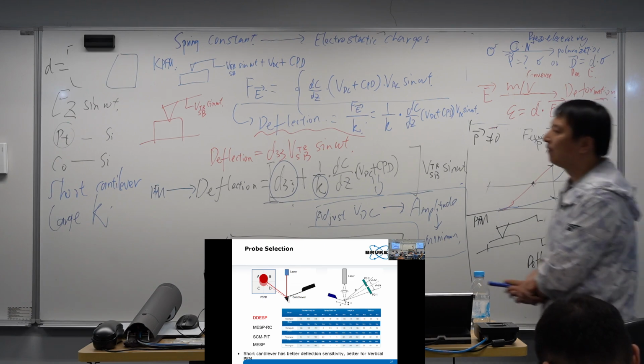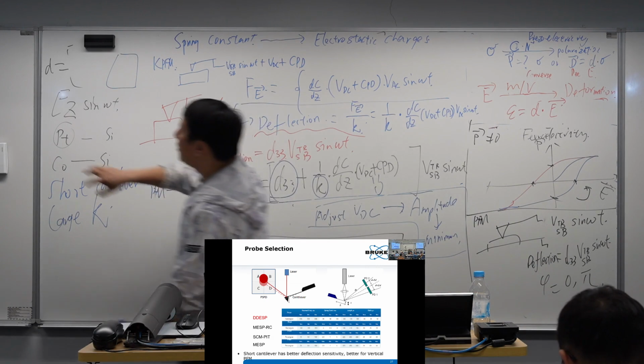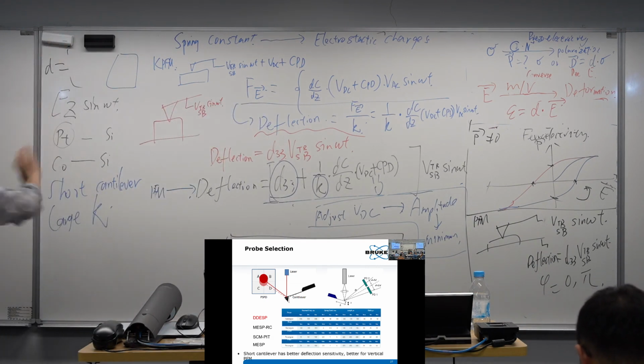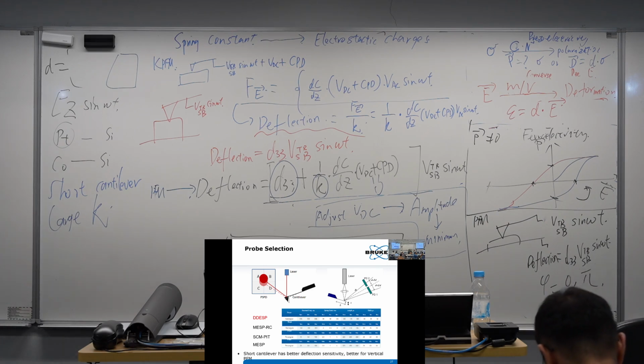So I have to mention a setup, not all the time, but it's really a quite classic way. They call it the top electrode.